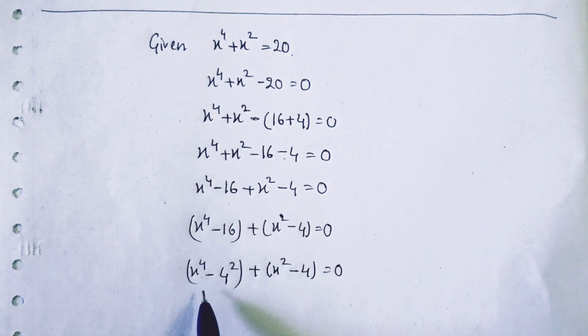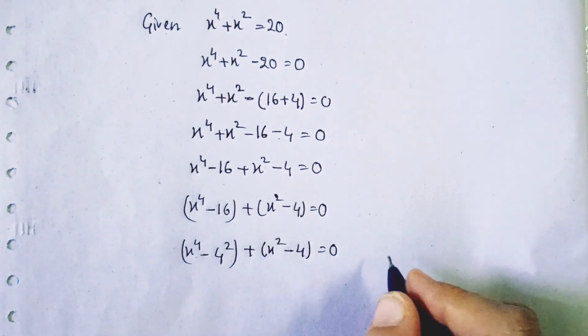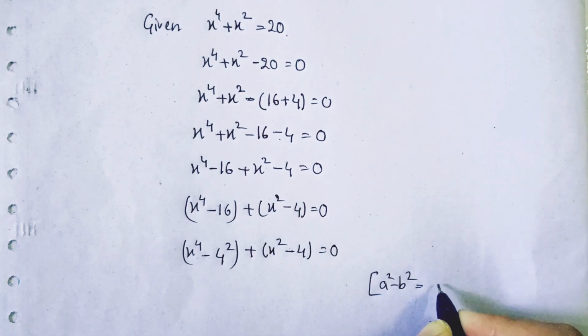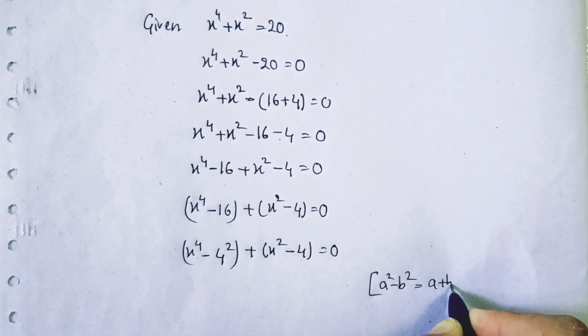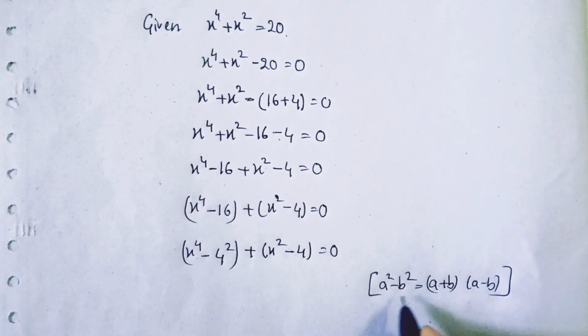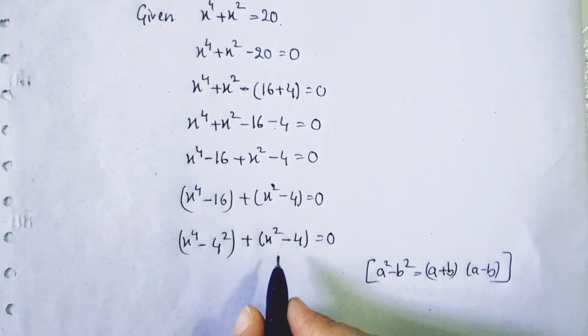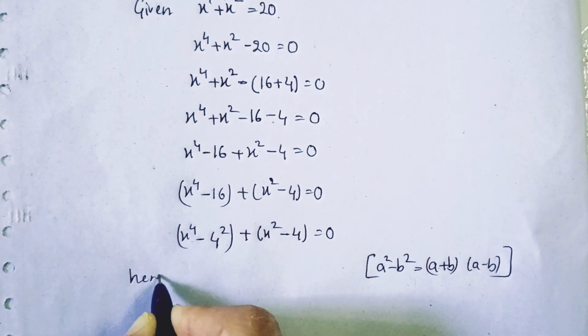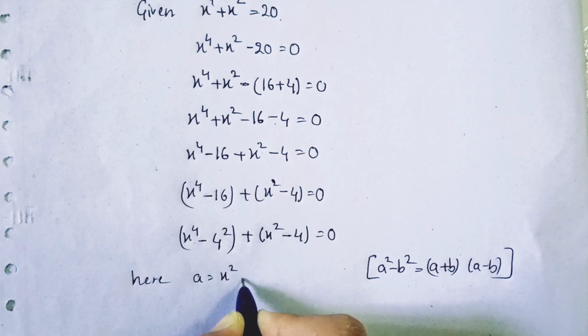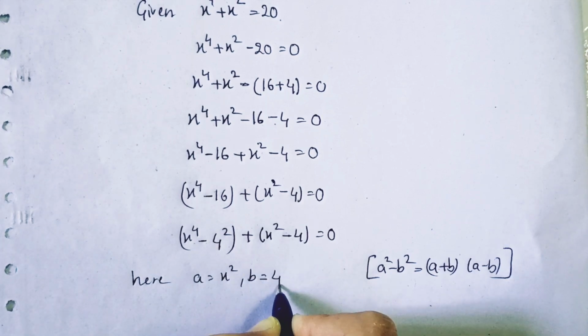Just look at here, this is in the form of a square minus b square, which is a plus b times a minus b. According to this formula we are going to split here, but here a is equal to x square and b is equal to 4.